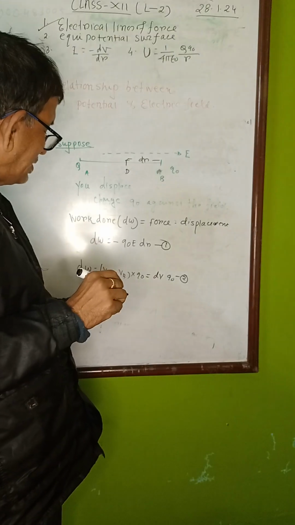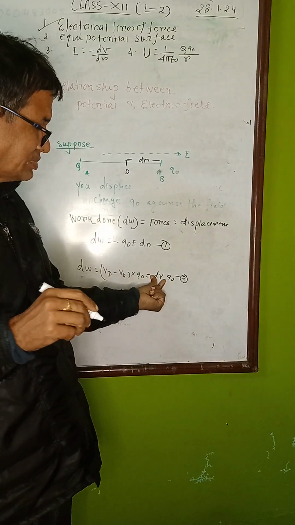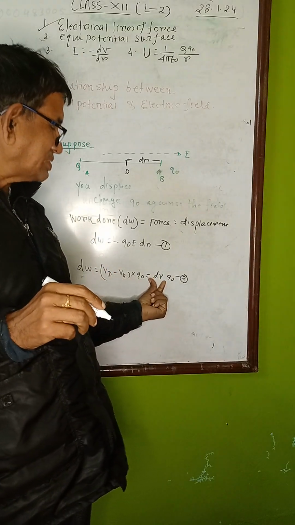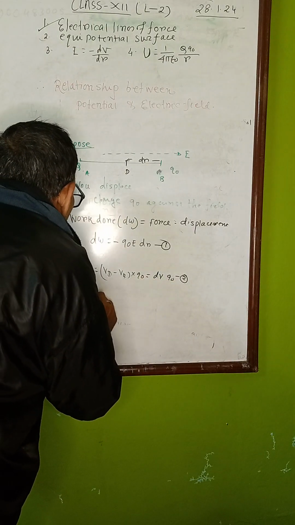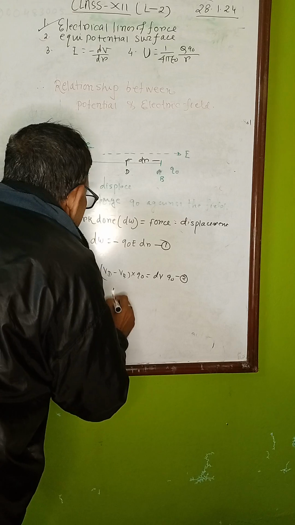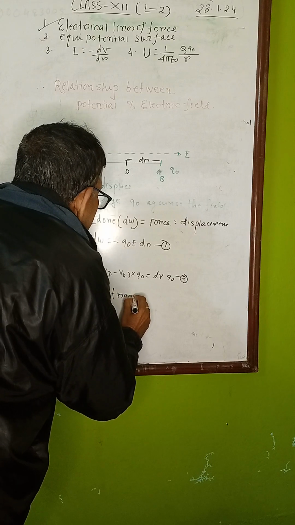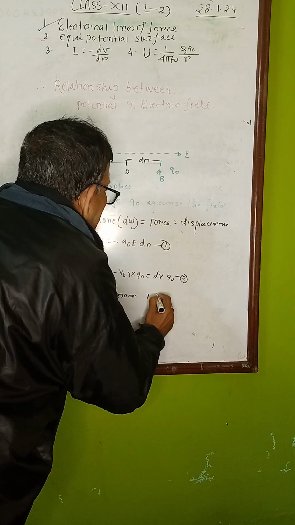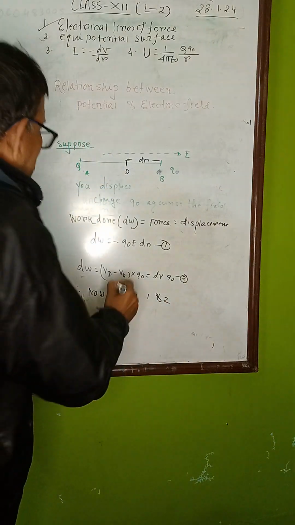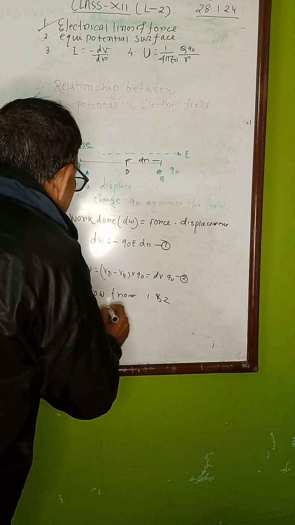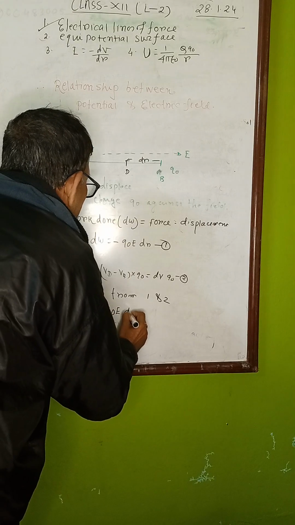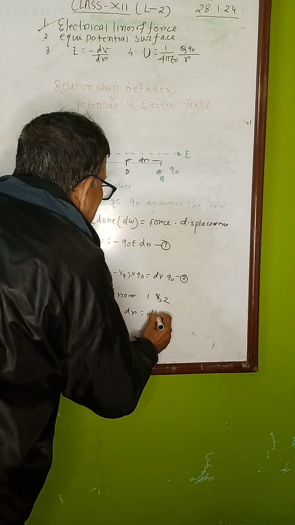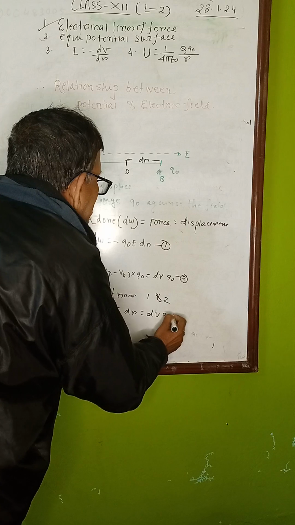So Vd minus Vb equals dV, the small potential difference, into Q0. So from 1 and 2 we have minus Q0 E dr equals dV into Q0.